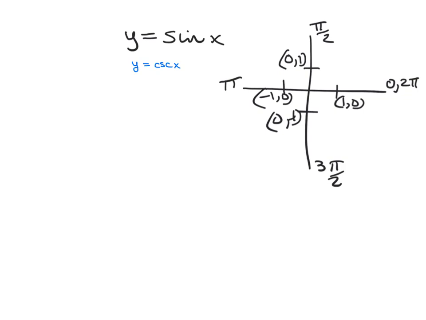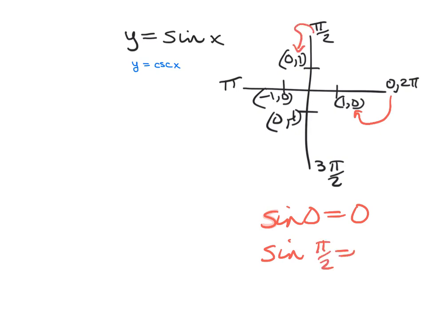If you recall, when you want to do sine of, say, 0 degrees, remember sine looks at y, so sine of 0 degrees is 0. Sine of pi over 2 looks at the y of this ordered pair, and it's 1. This is how you get your sine graph, by using these points.